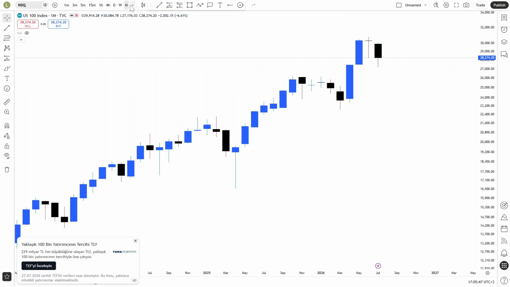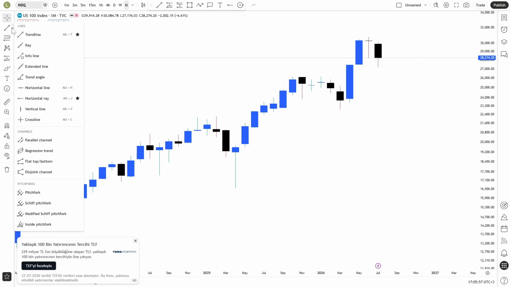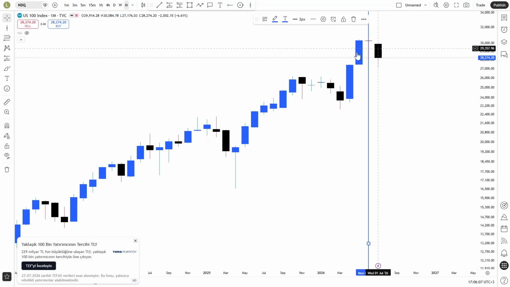Okay. So right now, if we click on the monthly, you can see this one candle, this monthly candle, it takes 1 month for it to form.